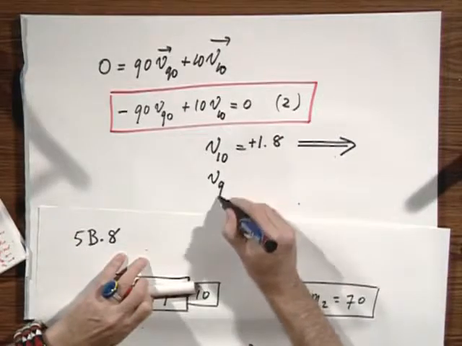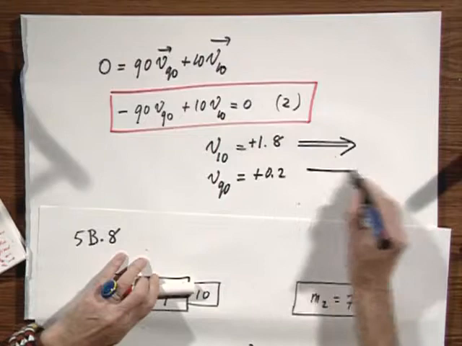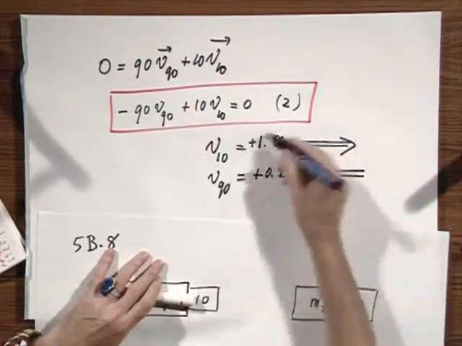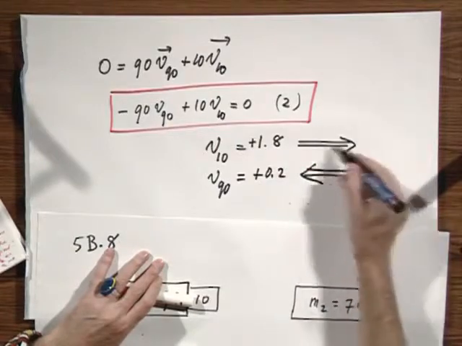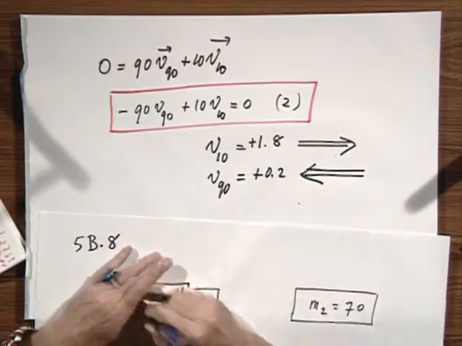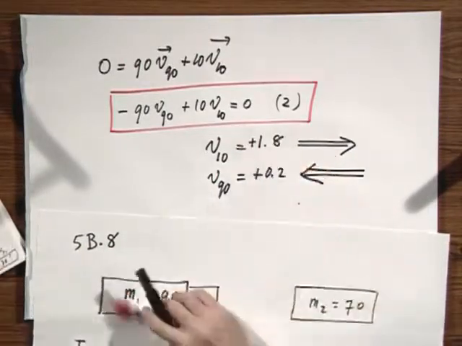And V90 is also positive, plus 0.2, but we already assigned it to go in this direction. And you see that the difference is 2 meters per second. This 1.8, this 0.2, the difference is 2 meters per second. It better be 2 meters per second because I put that in my recipe.